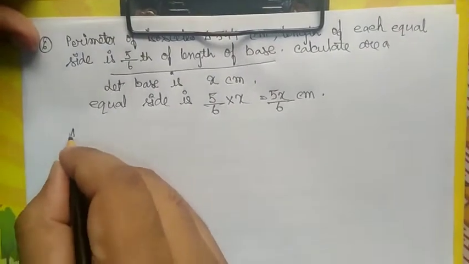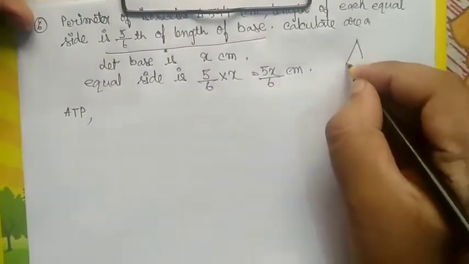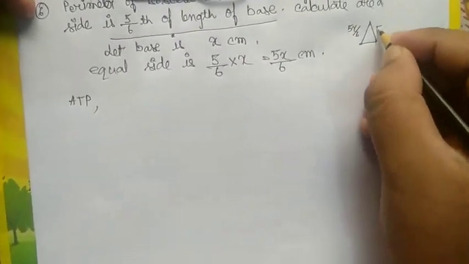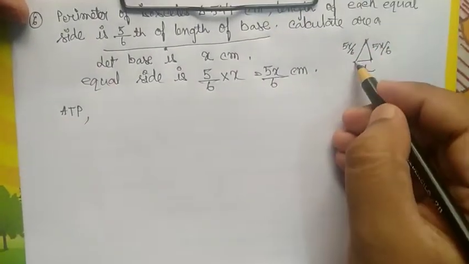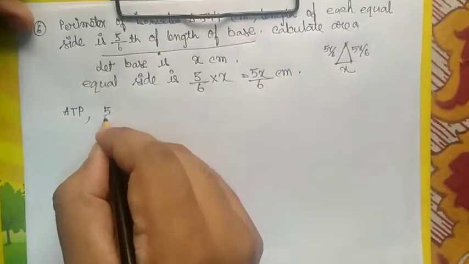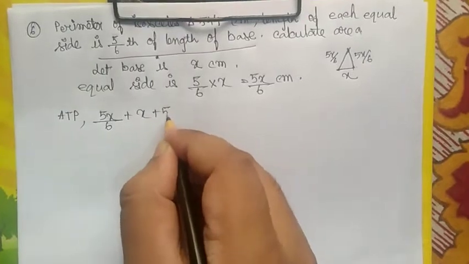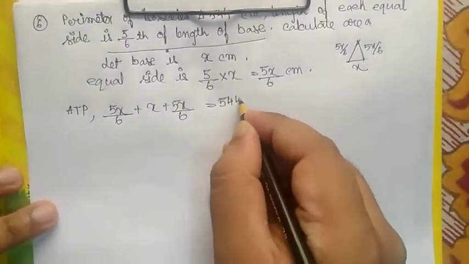So according to the problem, first of all, if this is a triangle, this is 5x/6, this is 5x/6 and this is x. So perimeter means this side plus this side plus this side. So therefore we're going to say that 5x/6 plus x plus 5x/6 equal to 544.